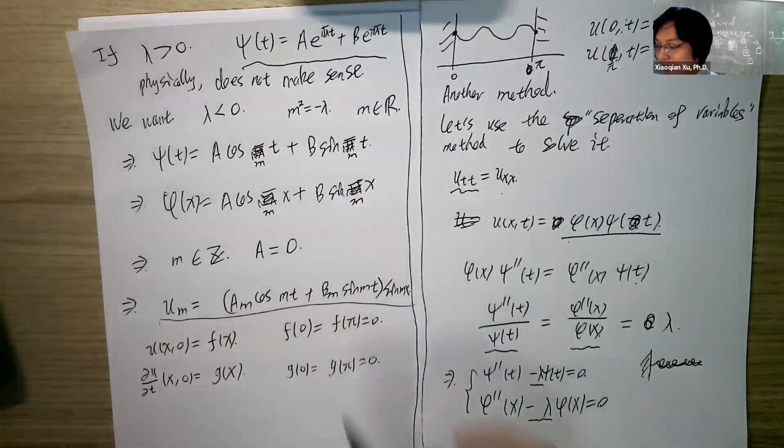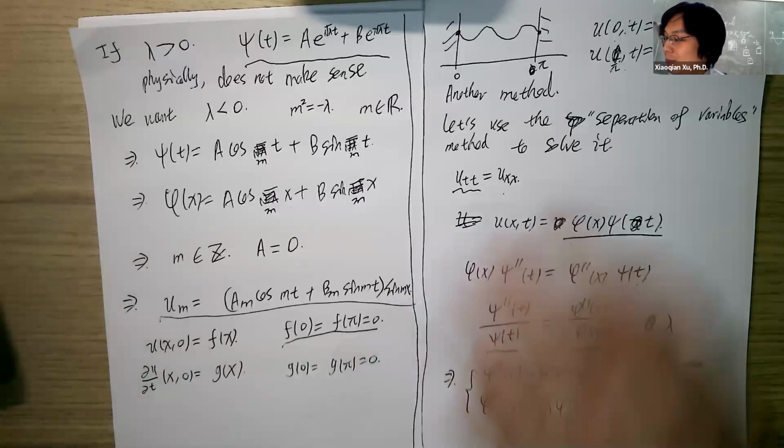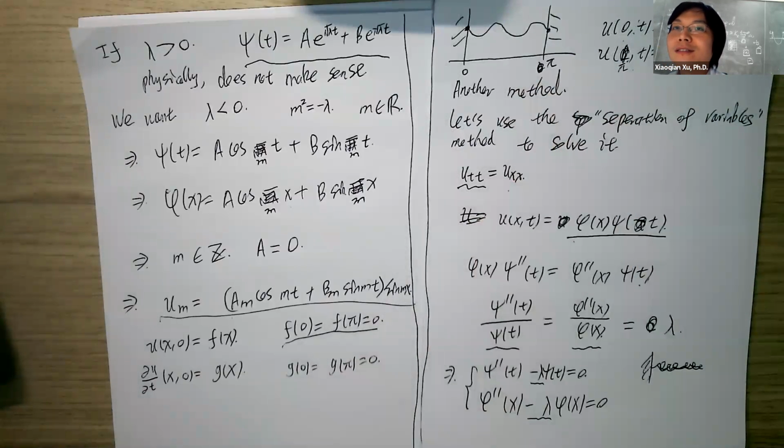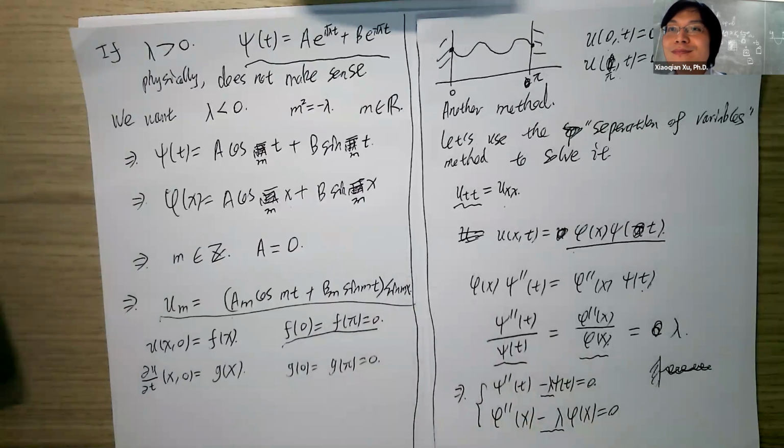But we know that there are some f(x) such that it satisfies this condition, but it's not equal to sine mx for some integer m. Oh, this is a problem, right? Then how can we solve this initial value problem with the boundary value like this? Do you have any idea?